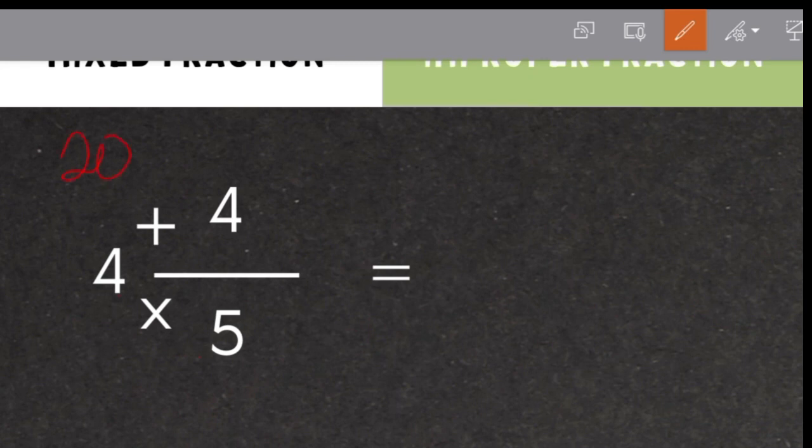And you just need to add the product of these two to the numerator. So plus 4 will be 24. And that will be our numerator. And our denominator, well, it stays the same. What your denominator is in a mixed number is what it will be in the improper fraction version.